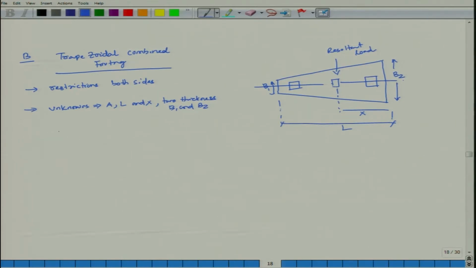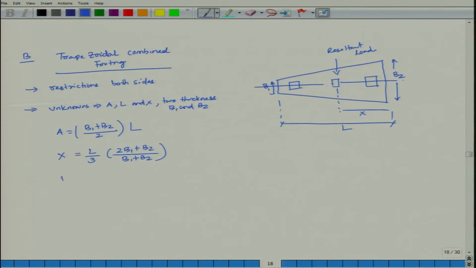So, area A is (B1 plus B2) by 2 into L, you can get it if you know L, B1 and B2. Then from there you can find this distance x, which is equal to L by 3 into (2B1 plus B2) divided by (B1 plus B2).